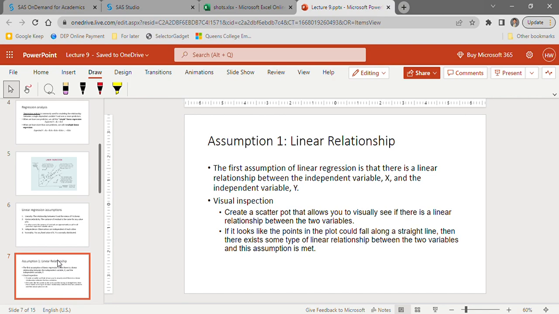If it looks like the points fall in a straight line, then that means there is some sort of linear relationship, right? And then you go ahead and calculate the r-squared value, and like I had mentioned before, if it's greater than 0.7, then you're good to go, right? If it's greater than 0.95, then you're practically on the line.